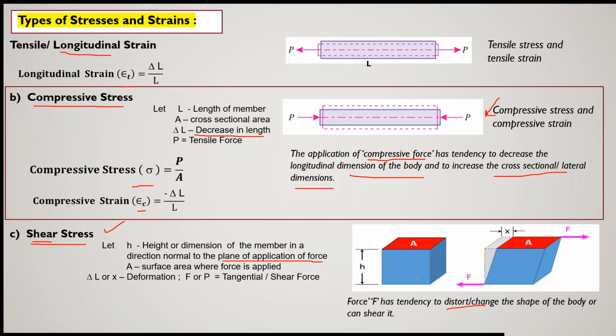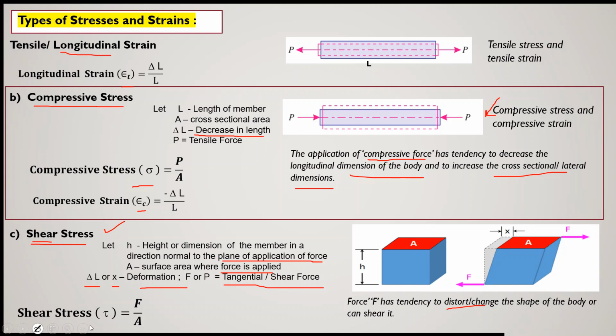Here in this figure, the plane of application of force is horizontal and we are taking the vertical dimension. A is the surface area where force is applied. Somewhere we can use it as delta L, or here we are showing it as x. So delta L or x is the deformation. F, or you can write it as P also, is the tangential or shear force.